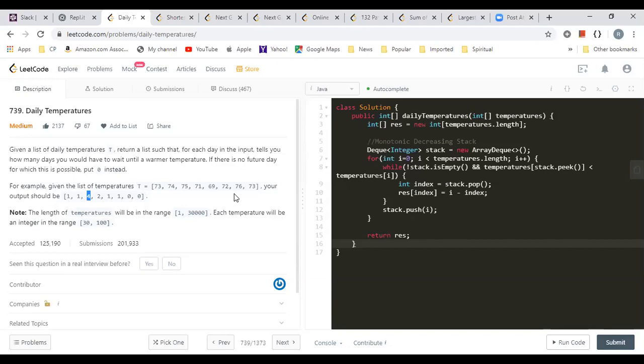When we look for smaller, we maintain an increasing stack. When we look for larger, we maintain a decreasing stack. If that concept is clear, should I even draw an example, or can I just go through the code? We are writing the exact same code. My first question is, do you guys have any question on this problem? No.